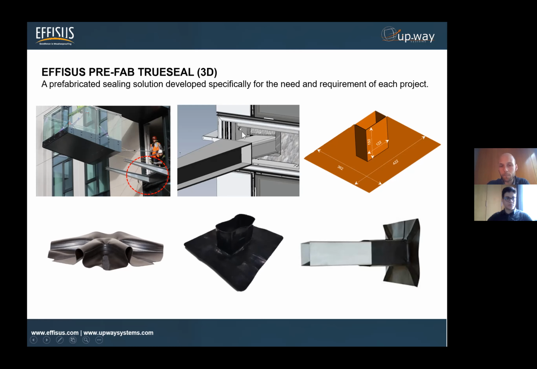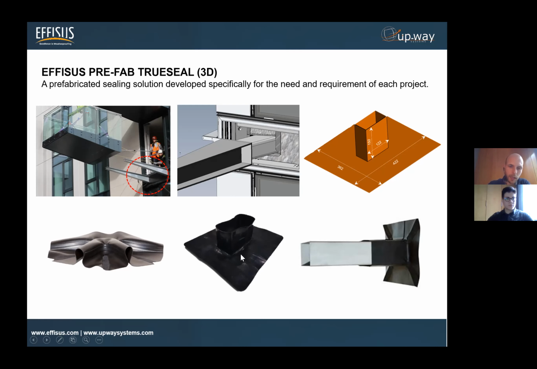And we are aware of this, and that's why we study this kind of questions with our partners and clients. And so, for instance, in here, we are able to develop solutions that are prefabricated.